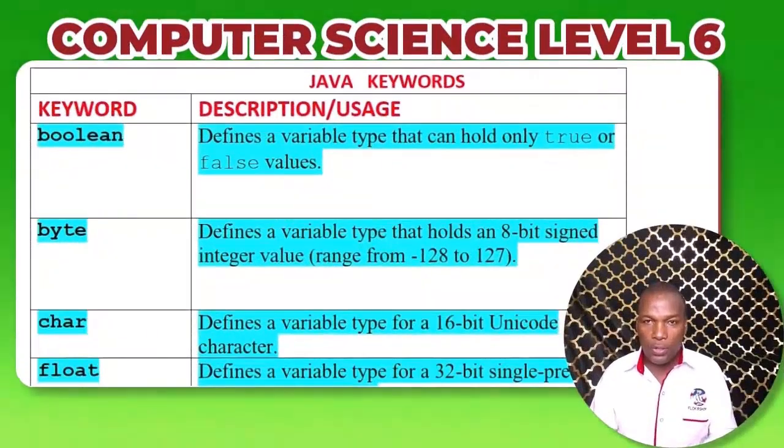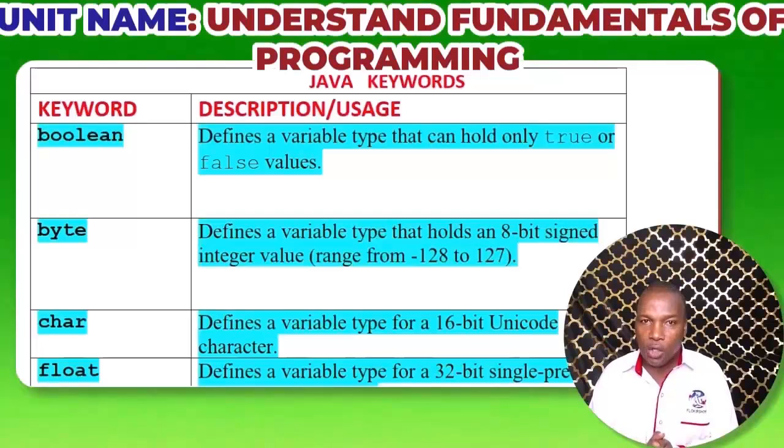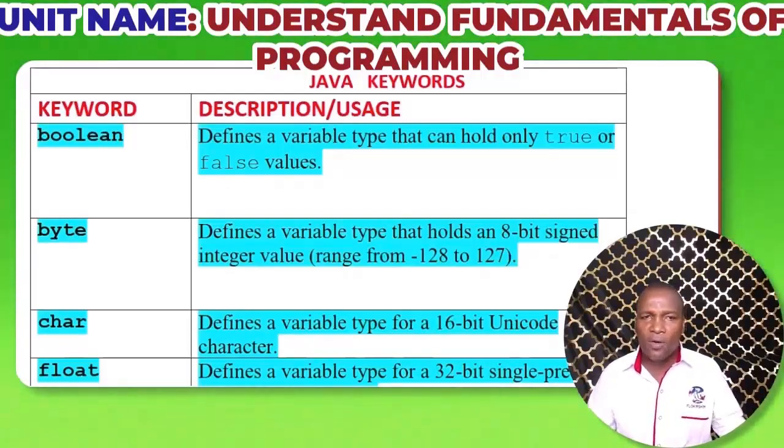I'll go through the Java keywords. You'll notice that I have not listed them in alphabetical order. I have deviated from what has always been the norm, that when you are covering Java keywords, you see all of them written in alphabetical order from the first to the last, and there are around 50 of them.